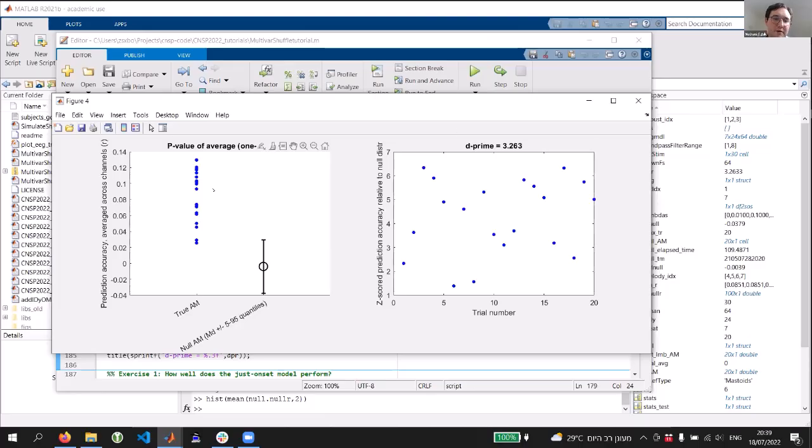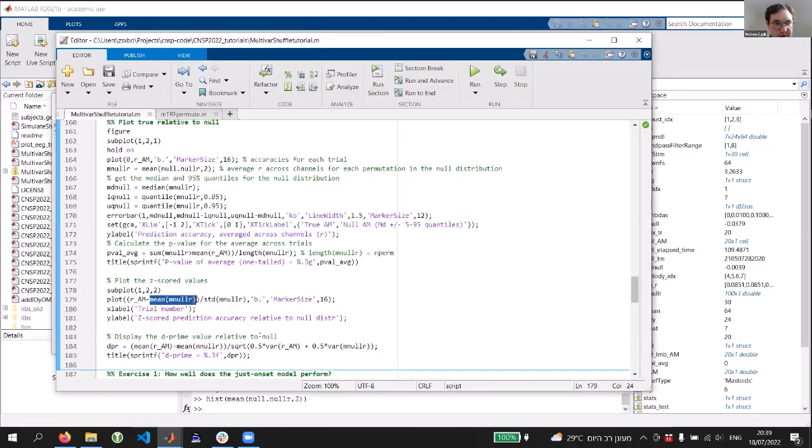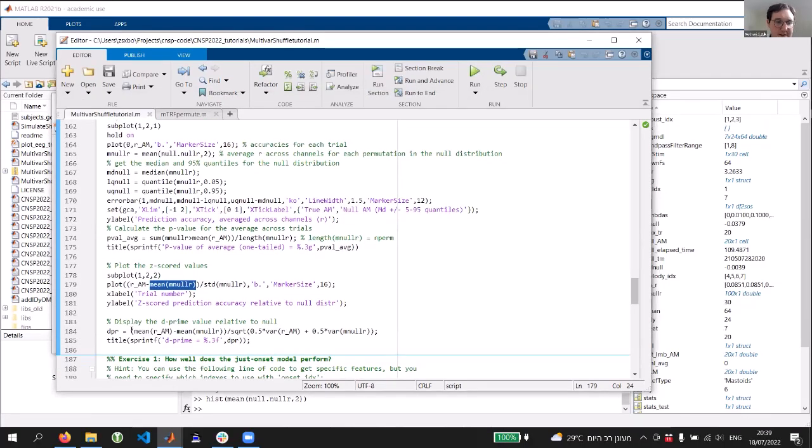But another thing you can do is compute a d prime. Giovanni showed that really quickly in his match-mismatch data. So that's what I'm doing down here, a way of computing d prime. It's a distance between the two distributions. So the distance between the true values and the null values: you subtract the means and then divide by the average of their standard deviations.